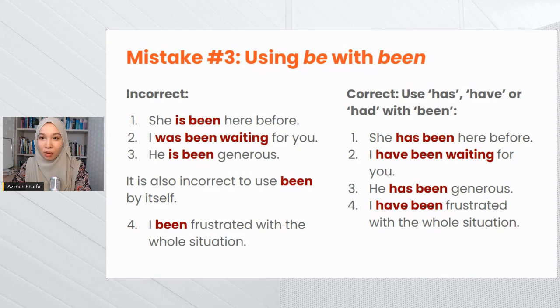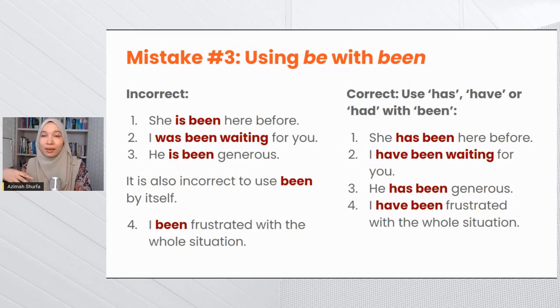Okay. So are you guys clear? Let's do that again. Using be with been is incorrect. Instead, you have to use has, have, or had with been. Using been by itself is also incorrect, even though you might hear it in a slang form. Oh, I've been here before.